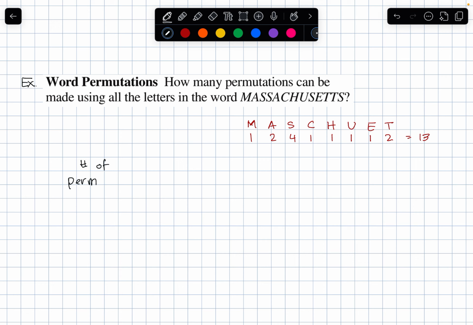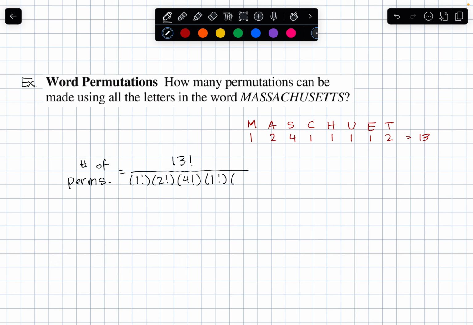I'm going to build my fraction. I know the bottom fraction is going to be big, the top is going to be small, sorry. The numerator is just n factorial, 13 factorial. And then the bottom is the factorial of all of those numbers for the repeats. 1 factorial times 2 factorial times 4 factorial times 1 factorial, and it's going to get long here.